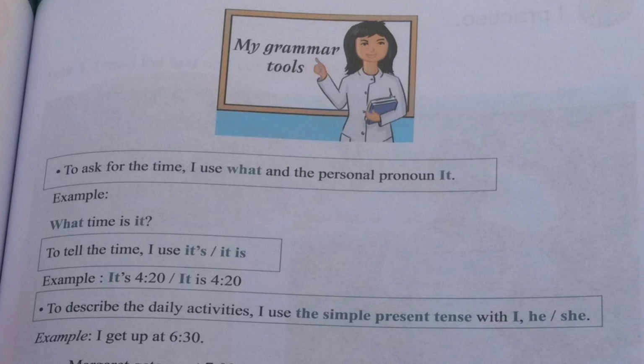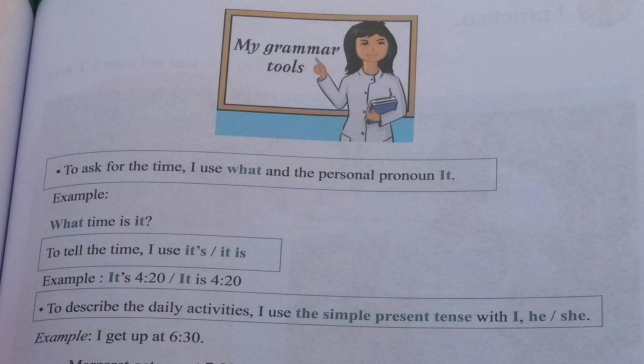To describe the daily activities. Describe بمعنى يصف أو وصف. To describe the daily activities لوصف النشاطات اليومية. I use أنا أستخدم the simple present tense. The simple present tense بمعنى زمن المضارع البسيط.